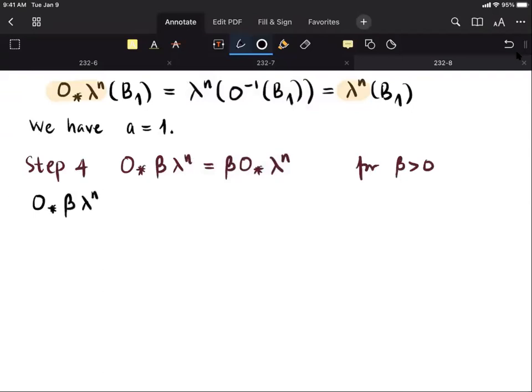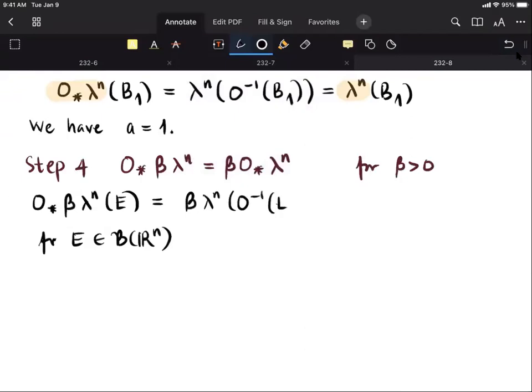You can, let's say, start with the left-hand side, evaluate that for a Borel set E. So the definition implies that this is beta lambda n O inverse E.